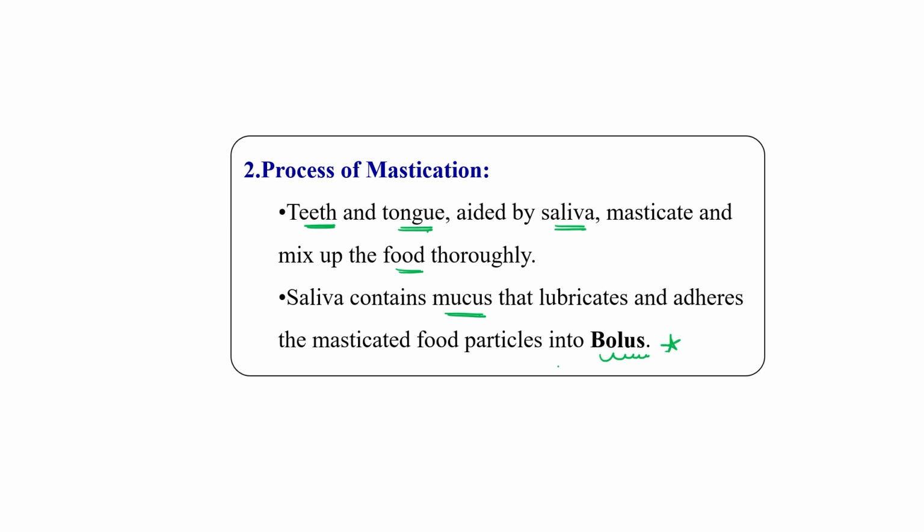So in the mouth cavity itself, food converts into bolus form, semi-solid form. Teeth, tongue, and saliva, each with their own function, convert big particles into semi-solid particles. That time we can use the term bolus for the food.